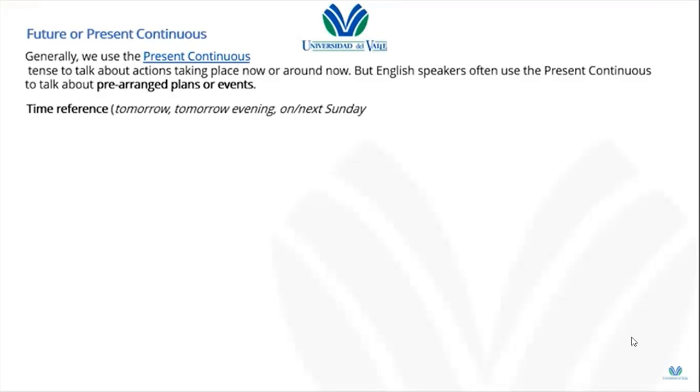For example, tomorrow morning, on Sunday, next Sunday, and so on, right? Let's see some examples here. For example, Nick is spending time with his family tonight. So if you see here, we have the present continuous: the auxiliary is, the verb spend, and ending in ing, right?